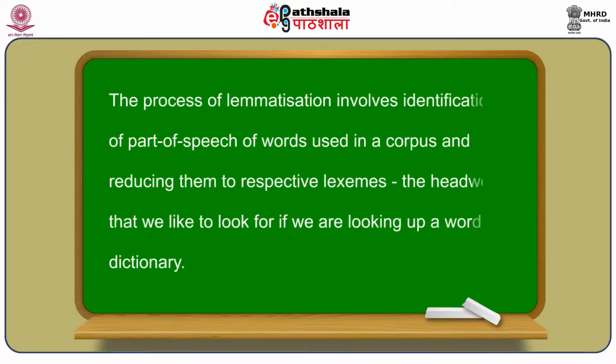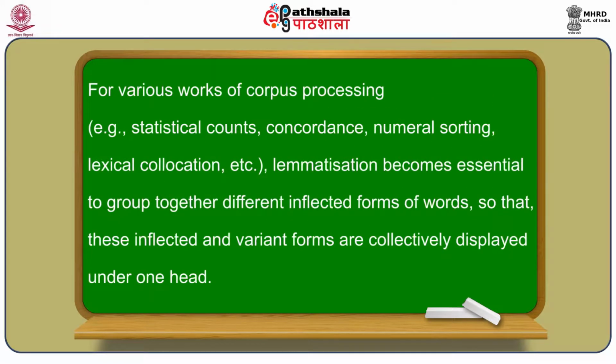The next issue is called lemmatization. Lemmatization is a very, very challenging task in corpus processing. What it stands for is to identify the inflected forms in the corpus and then remove their inflection part to get the lemma. The entire process can be done mostly automatically or in a supervised way. So the lemma is required for two reasons.